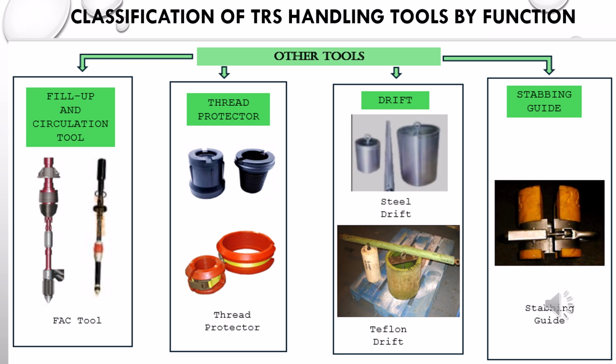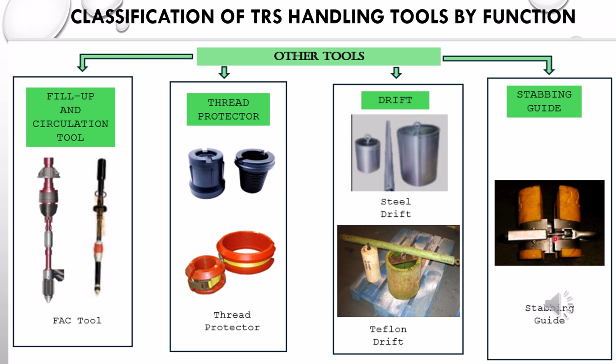You can see the fill up circulating tools. There are different types. We also have thread protector. And this type of thread protector is used to protect the pipes when they are in transit during transportation. And this type of thread protector is used when running the operations on site. We also have the drift here, which is used to clean up the internal diameter of the pipe before running in hole.